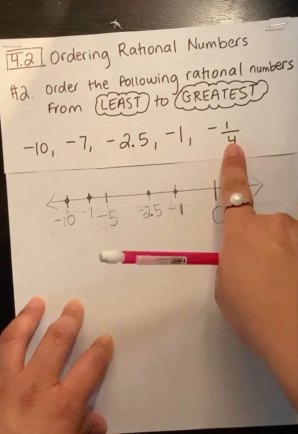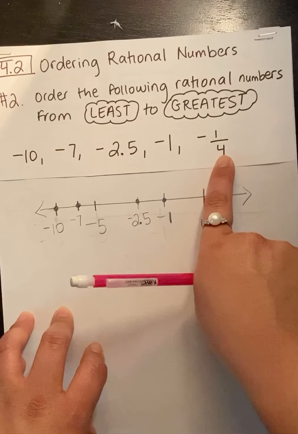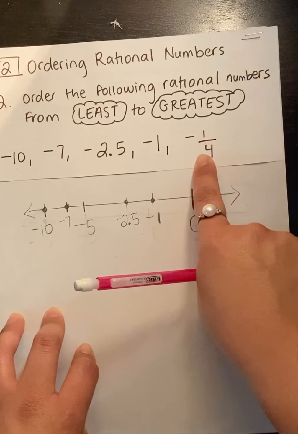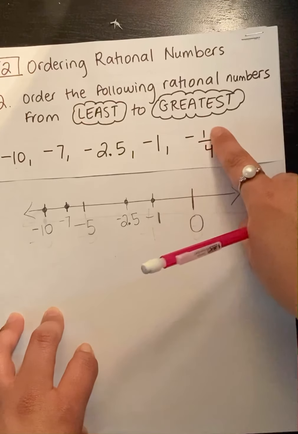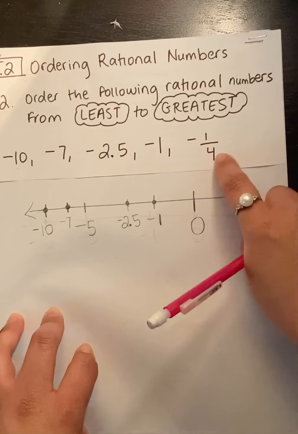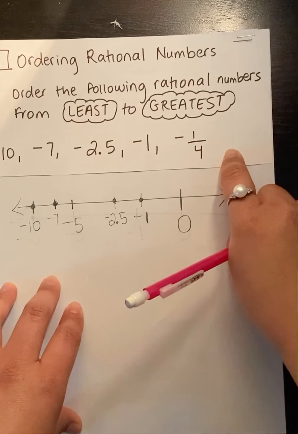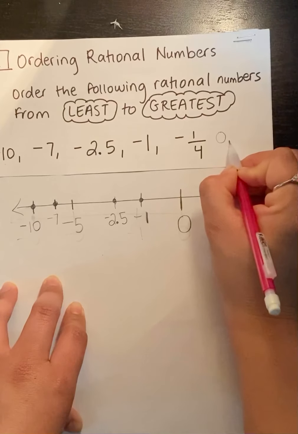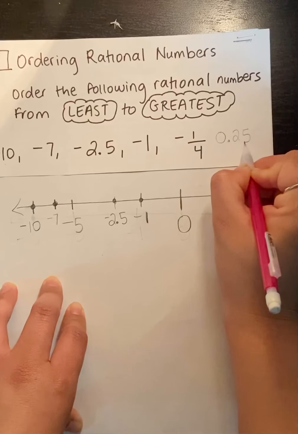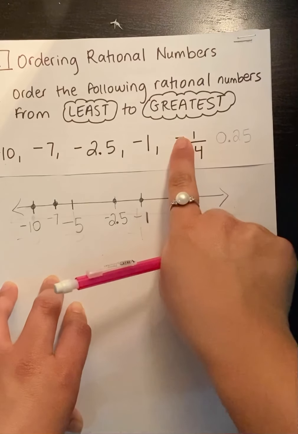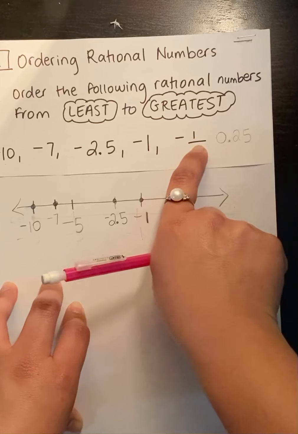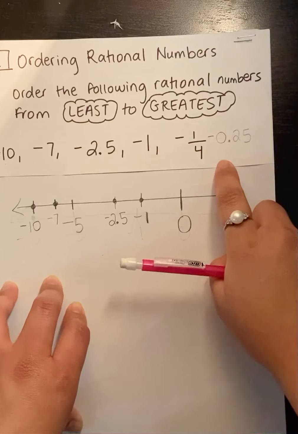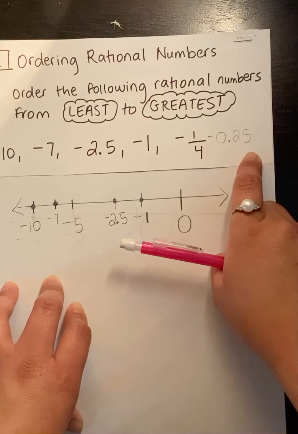My last number is a fraction. I can think of this fraction as 1/4. And 1/4 out of 4, I know is 25 cents. And I can rewrite this fraction as 0.25. However, because this is a -1/4, I need to write -0.25.